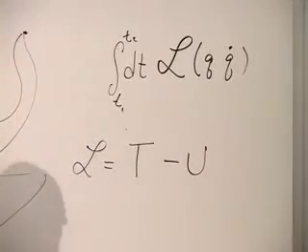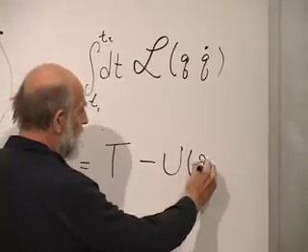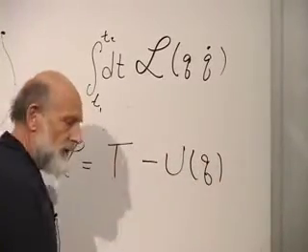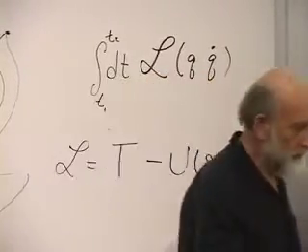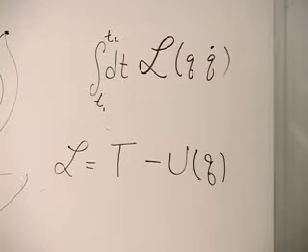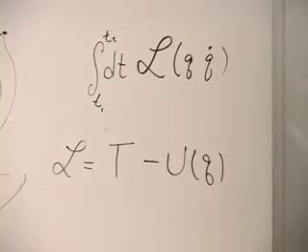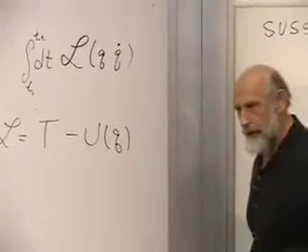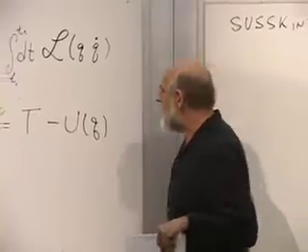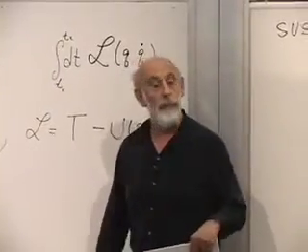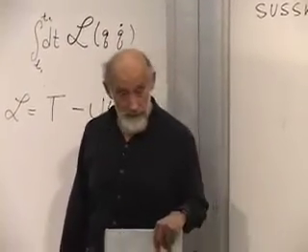The potential energy only depends on the Q's. It does not depend on the Q dots at all. It depends on position, but not velocity. The kinetic energy sometimes depends on both. The simplest systems that we can think about, particles moving and so forth, the kinetic energy as a rule depends only on the velocities.